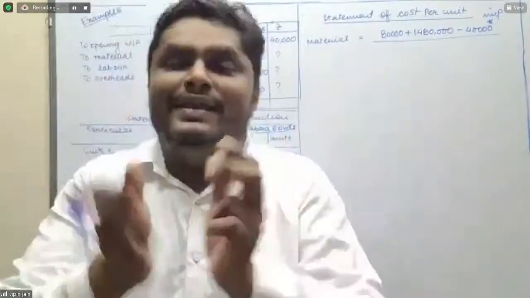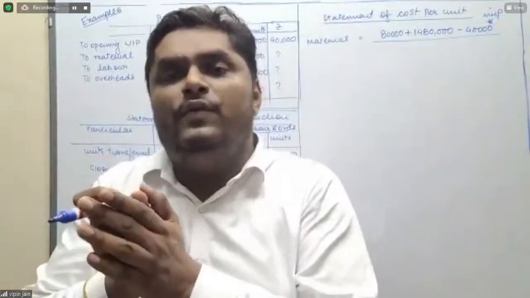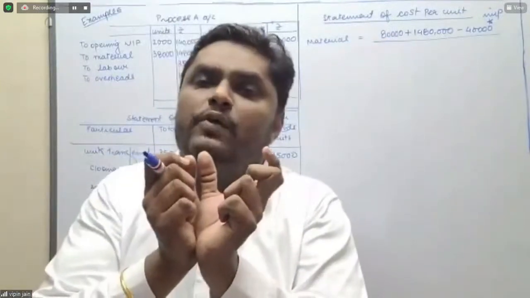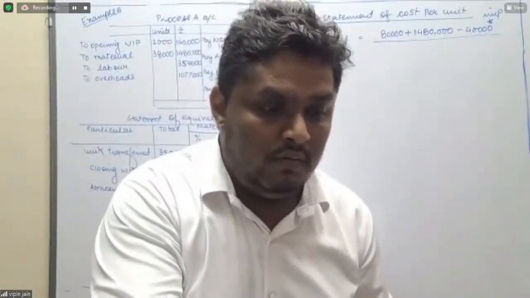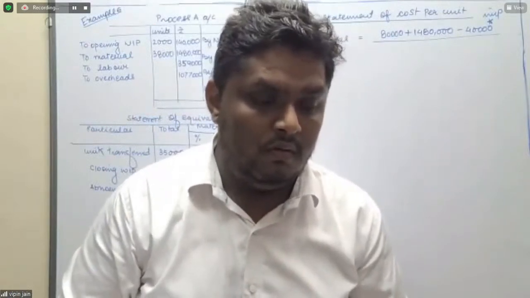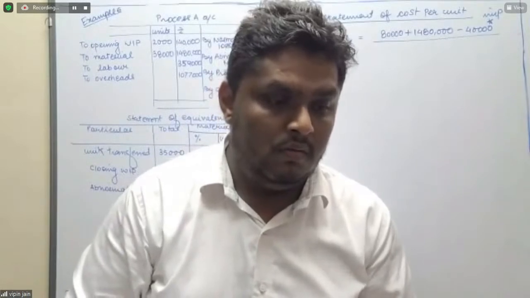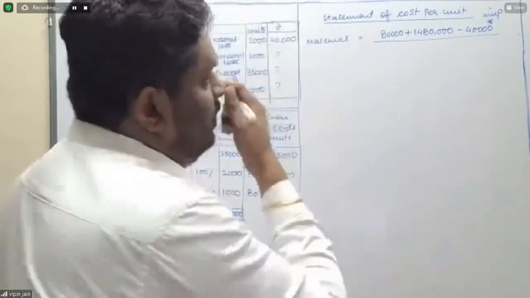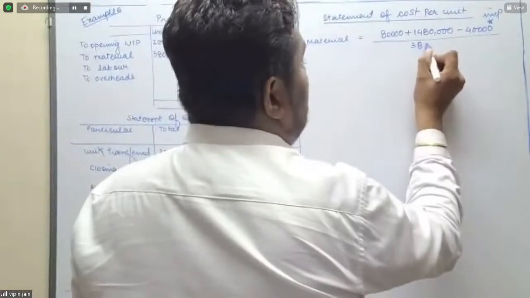So herein, in the concept of equivalent number of units, while calculating the cost per unit, whatever scrap value is realized will be deducted from the material cost. So divided by the equivalent number of units, that is 38,000.